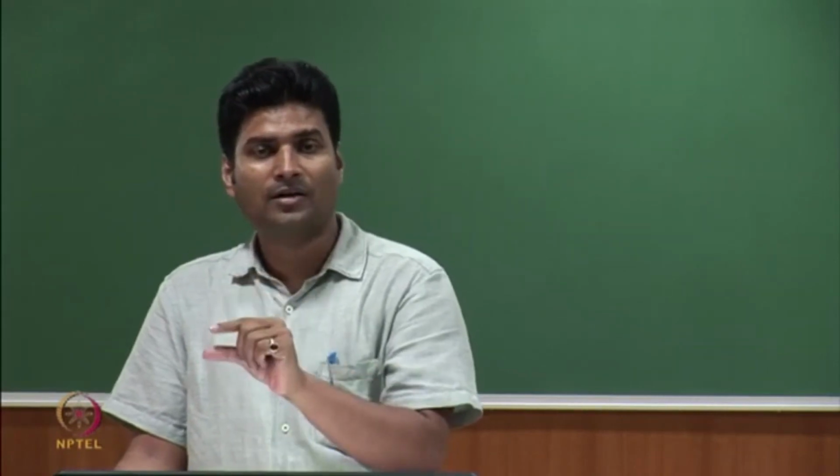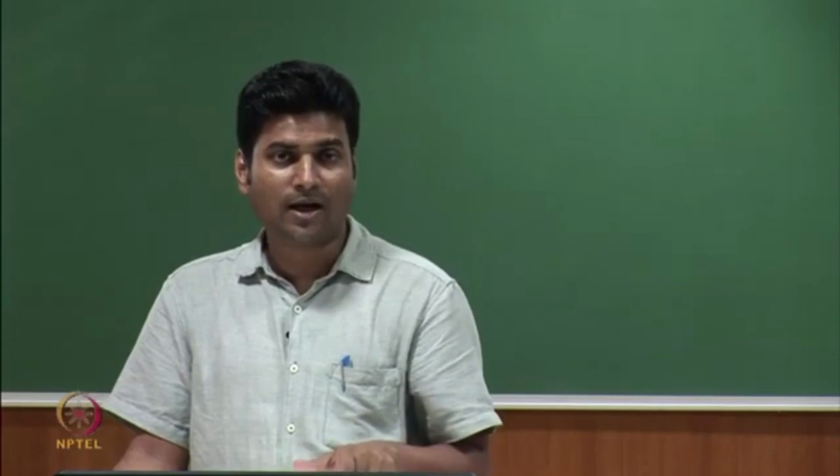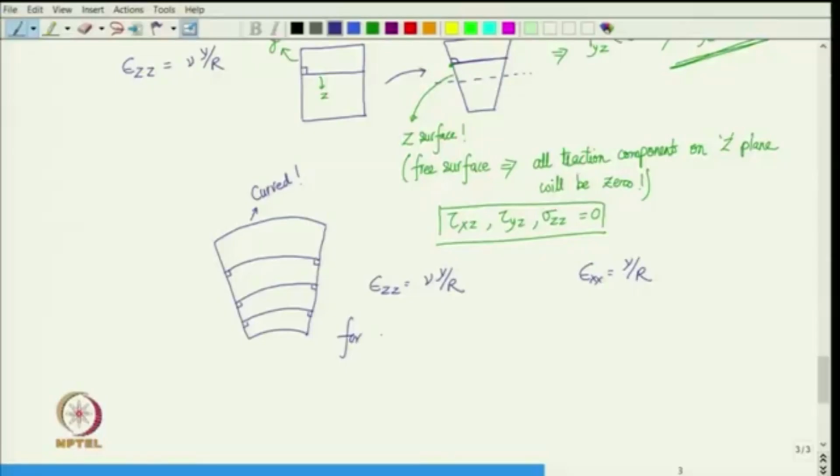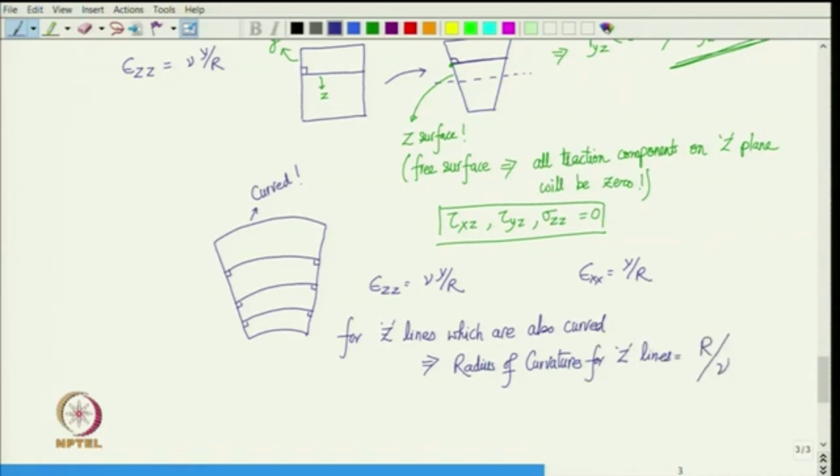So, when it is y by r, the radius of circle is big R. Now, for these curves in the cross section, the z lines, which are also curved, this implies the radius of curvature for z lines is then simply big R by nu, okay, and that comes from this formula over here.